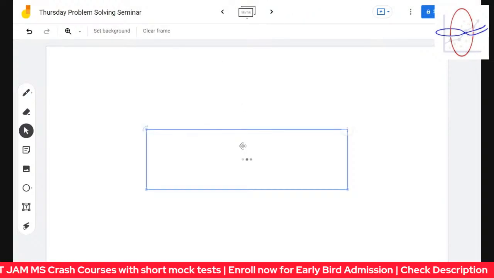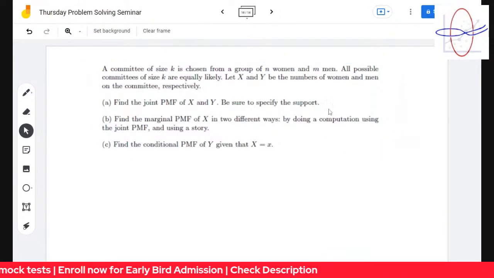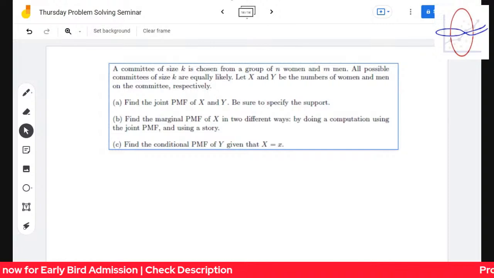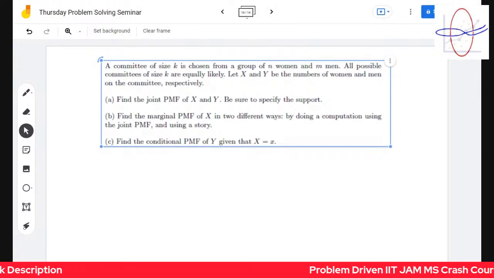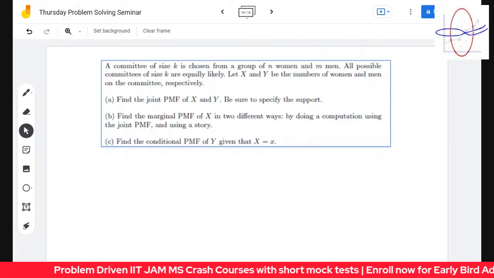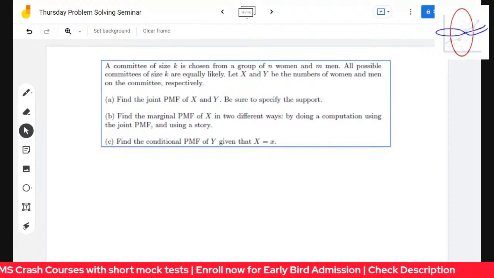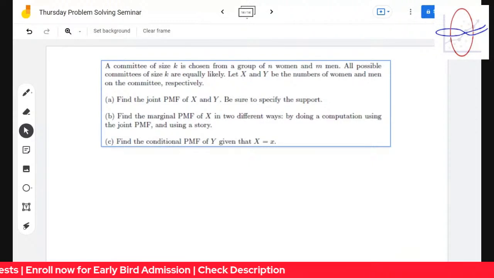So let's find this. A committee of size k is chosen from a group of n women and m men.